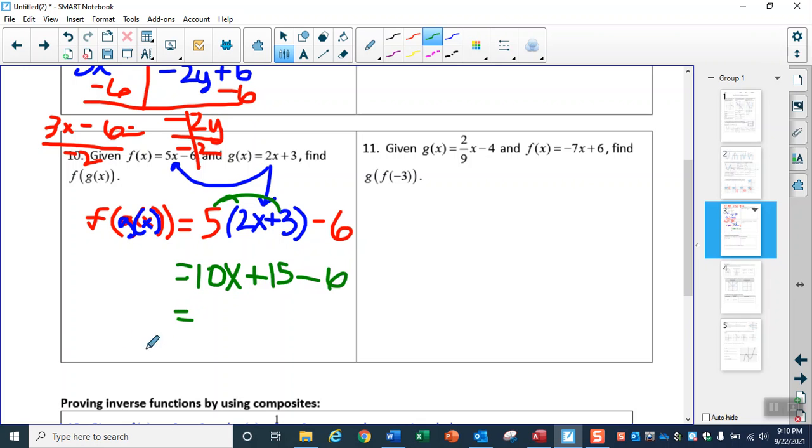And so I've got f of g of x equals, oops, I meant to just put it down here, oh well, it's in the middle, 10x, and then 15 minus 6 is a +9. Alrighty.